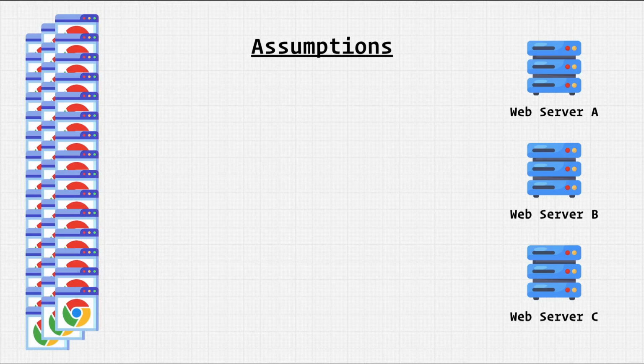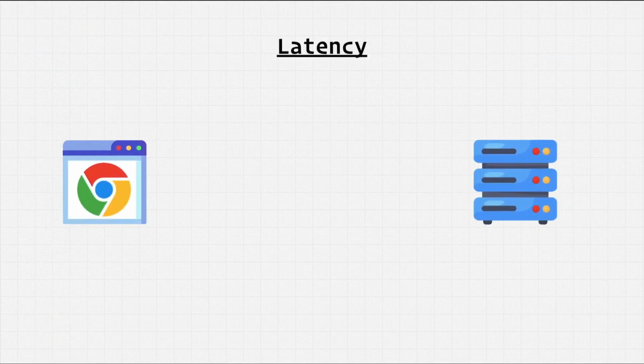Now, the first assumption we need to make is that all the requests have the same latency. Now, what is latency? Latency is the time it takes for the browser to fire a request and then get back a response from the server. That total travel time from when the browser starts making the request to when it receives a response is the latency.